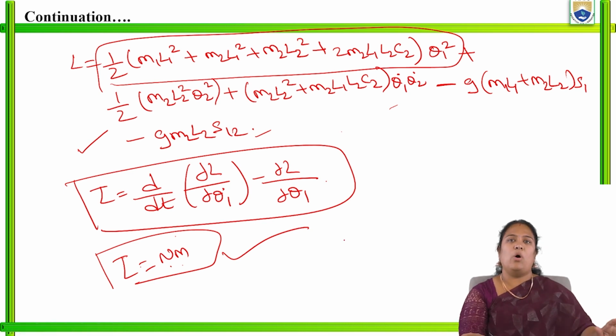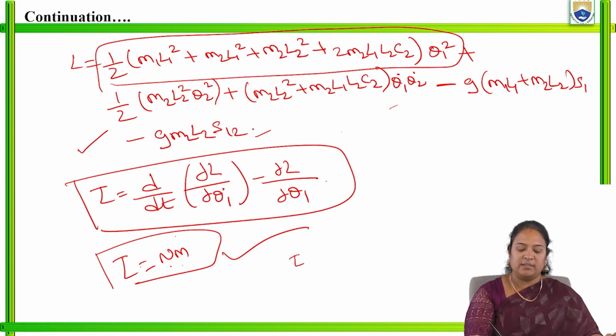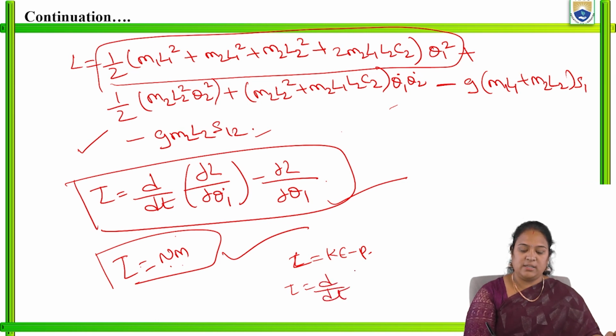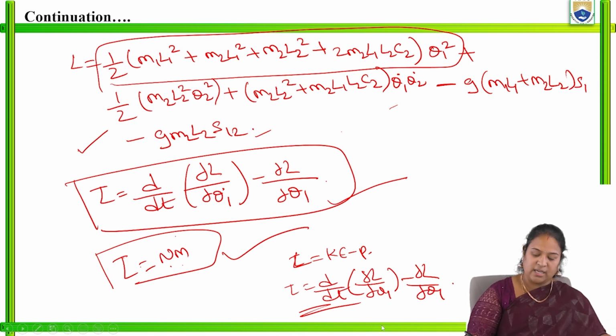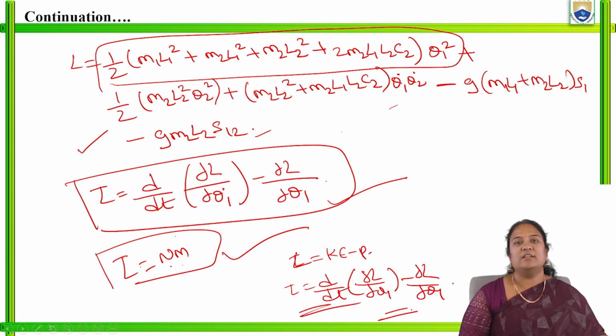Now substituting all these values, we will be determining the Lagrange's equation, that is kinetic energy minus potential energy, where it will be differentiated as tau is equal to d by dt into dou L by dou theta i minus dou L by dou theta 1. So using this, we will be determining the Euler-Lagrangian equation, right?